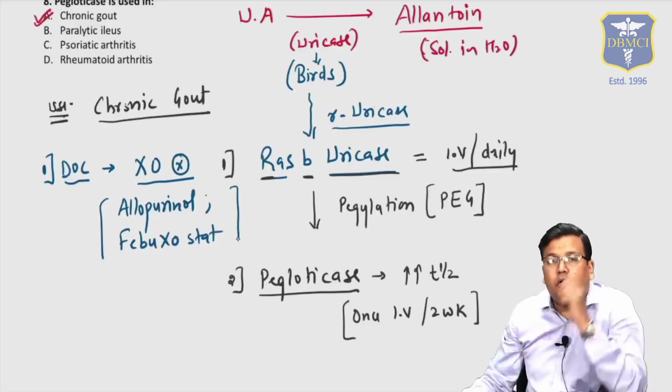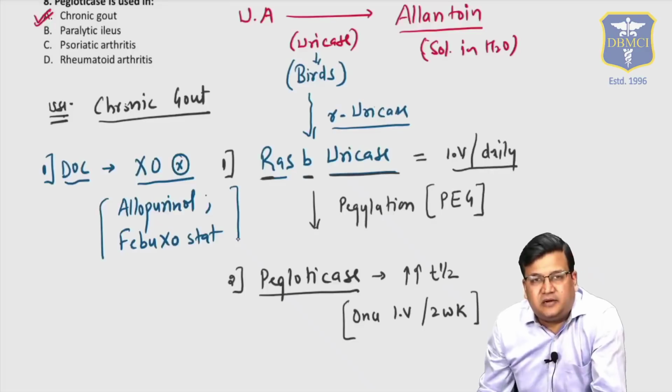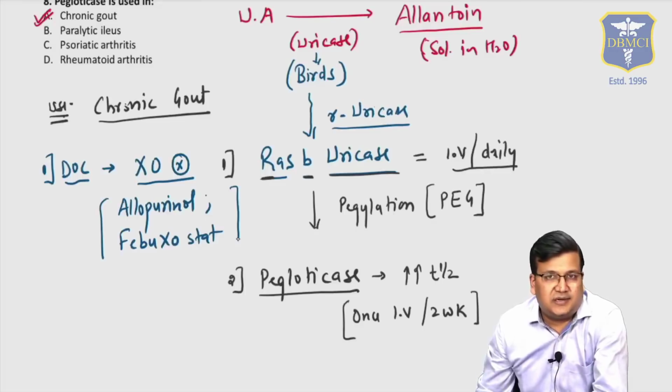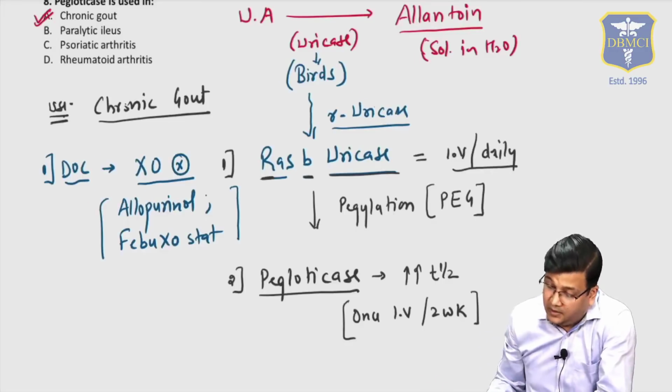These are the two oral xanthine oxidase inhibitors which are drug of choice for chronic gout. So you will either give allopurinol or febuxostat as drug of choice for chronic gout.